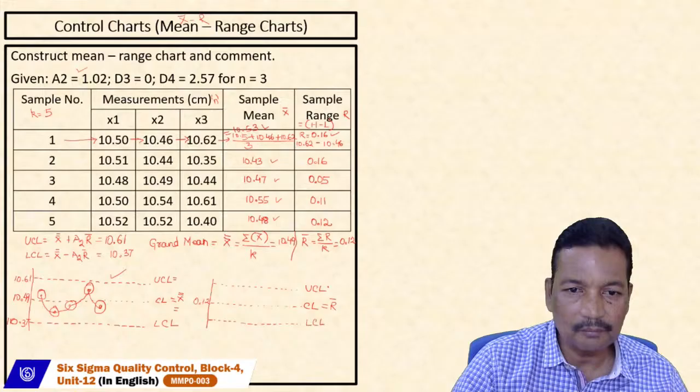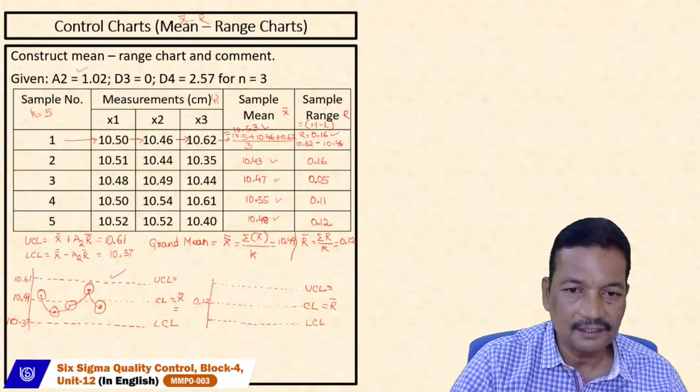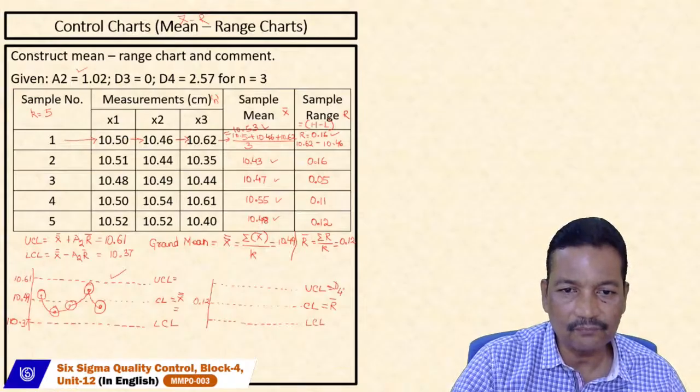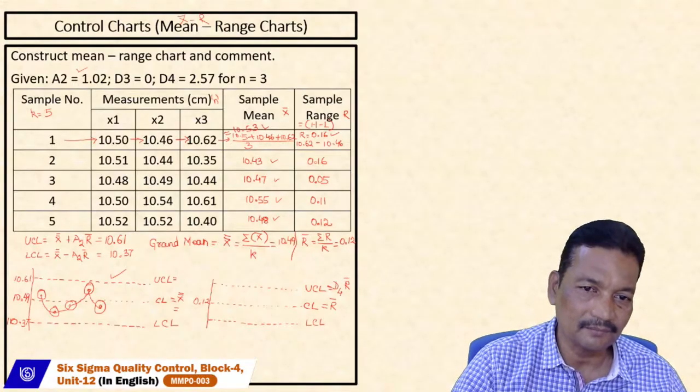The upper control limit is calculated using another constant from the statistical table, D4 into R bar. D4 is given as 2.57.